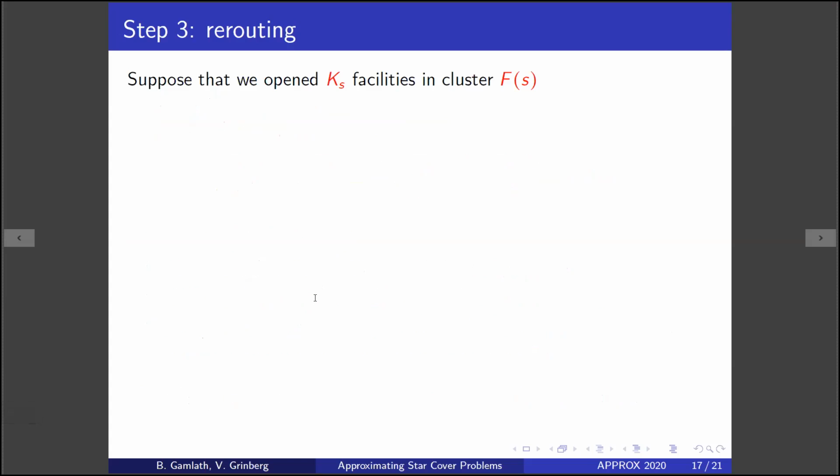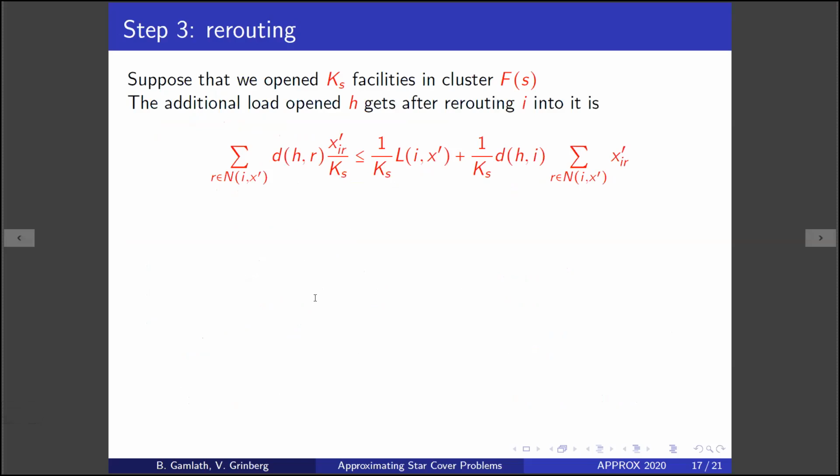What about the upper bound on the resulting load of every open facility? Let K_S denote the number of facilities we opened in the cluster centered at S. Suppose we closed I and routed it into opened H. We can bound the additional opening H gets the same way as before.